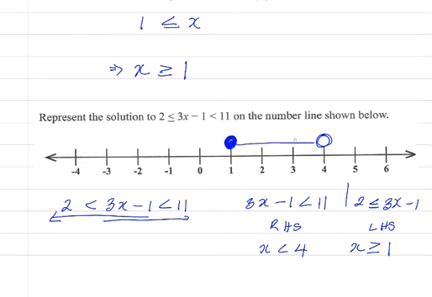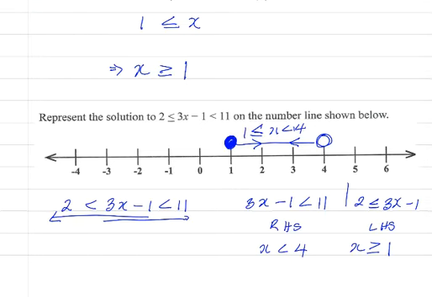And so the region that satisfies this inequality is right here. Here x is less than 4 but greater than or equal to 1. That's the solution.